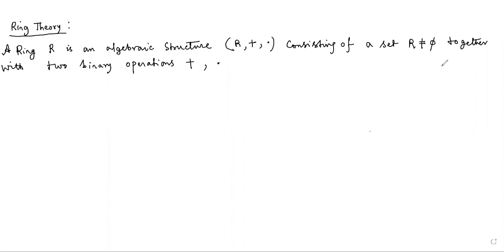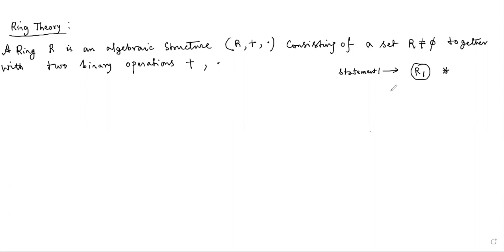Suppose you are saying that R1 is a set and you are defining an operation star. Remember this, listen to me very carefully. Suppose a student is saying that he has a non-empty set R1, on which he has defined an operation star.